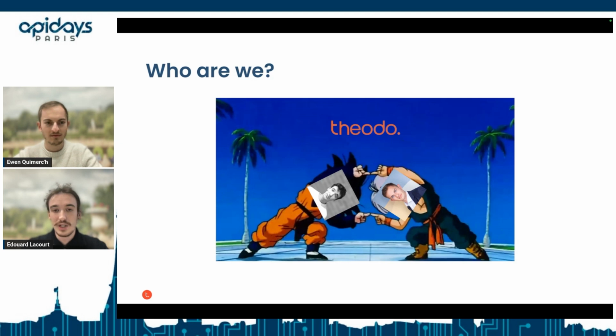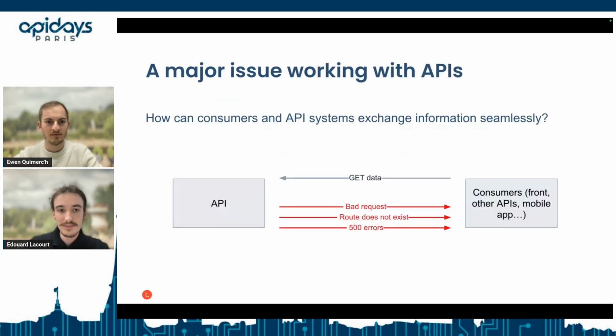At Theodo, we are building APIs and websites. A major issue we can encounter is not having a single source of truth for our API specification or documentation.